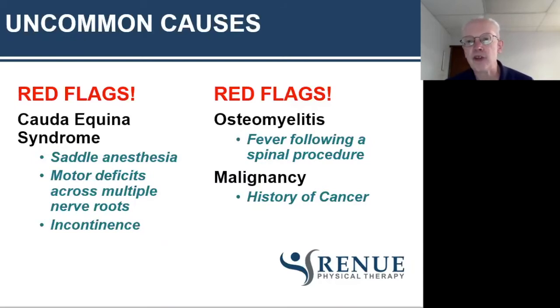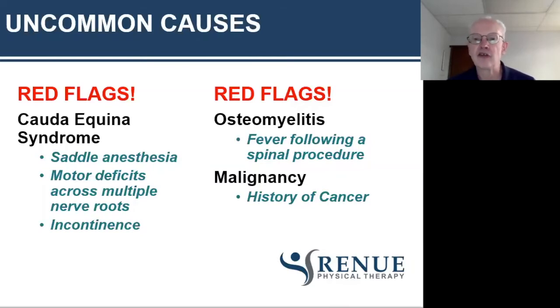The 3 major things that have been identified as red flags: the first is something called cauda equina syndrome. The cauda equina is the collection of the lower level nerve roots where the spinal cord itself tapers down into the nerves that pass into the legs. When these nerves are irritated, or you have the development of a cauda equina syndrome, you can end up with permanent, what's known as saddle anesthesia.